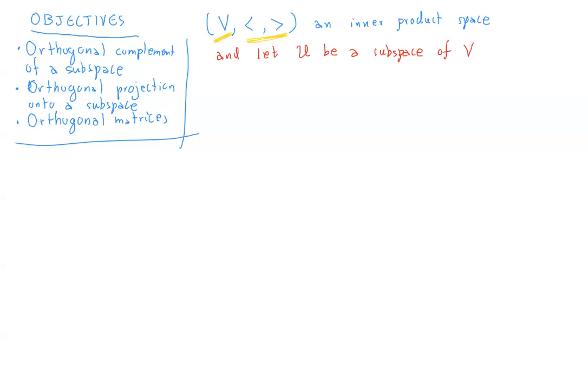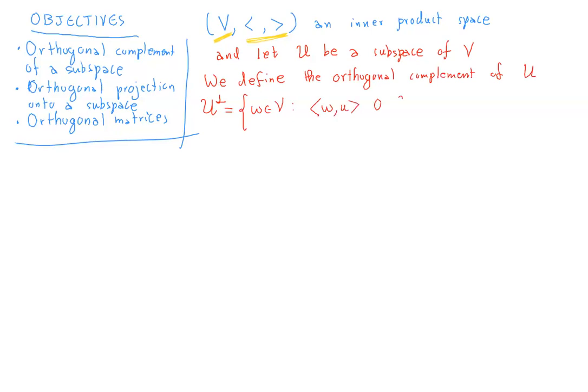And then we define the orthogonal complement of U by the equation that it's all w's in V that are orthogonal to every vector in U. So what do I mean by this?